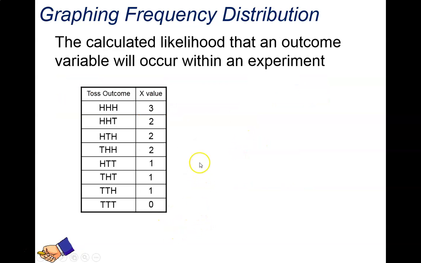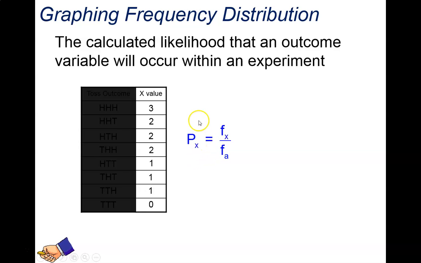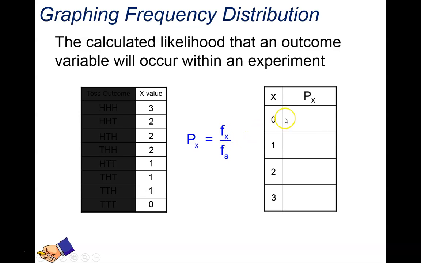So calculate the likelihood that an experiment variable will occur within an experiment. So calculate the probabilities. Basically it's the frequency over the total. The likelihood of scoring no heads is basically 1 over the total of 8.